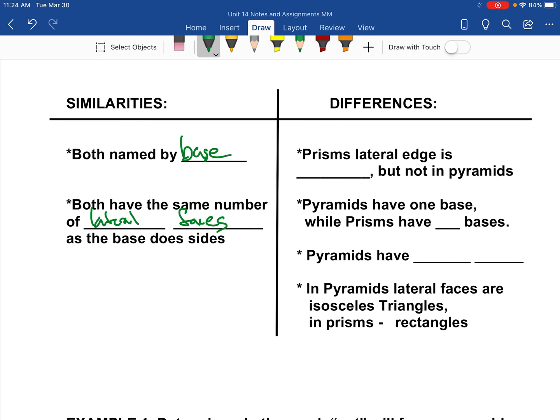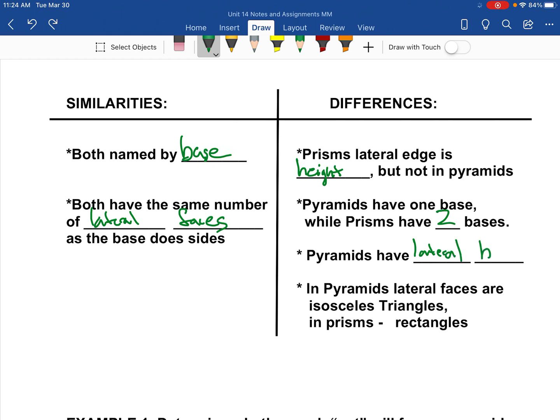Here are some differences. A prism's lateral edge is the height of the prism, but not in pyramids. Pyramids have one base, while prisms have two bases. Pyramids have a lateral height. I can't spell.